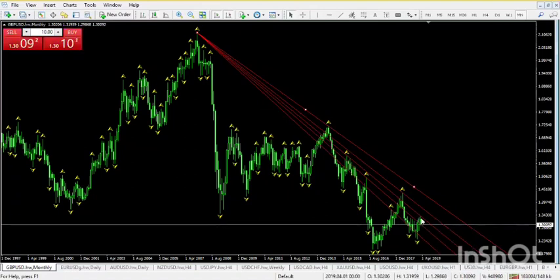As you can see, the price is at this angle right now. I'm going to draw the bottom ones as well. I have connected it to this.